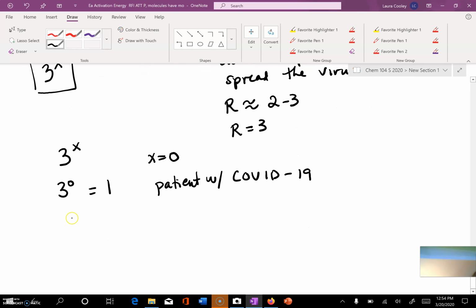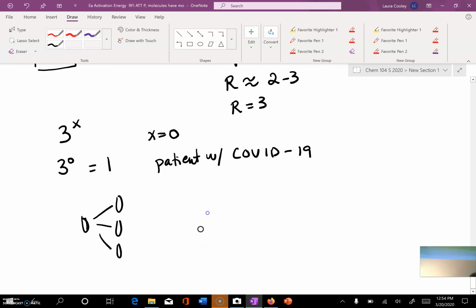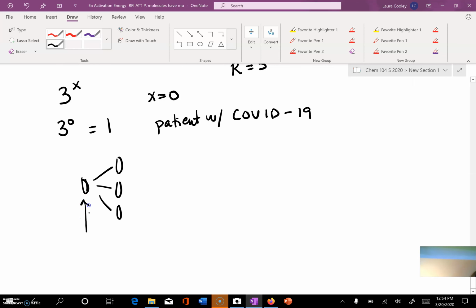Now, if that one person transfers that virus to 3 other people, so now we have 3 people that that person has transferred the virus to. That means here we had one person, now we have 3 people, but now each of those is going to transfer the virus to 3 more people. And guess how many we have? We have 9. We have 3 squared, okay?